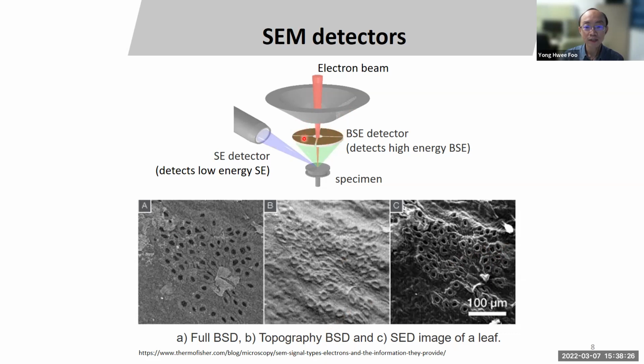The BSE detector has 4 quadrants here. If you turn off 2 of these and detect the electrons with the other 2, what you are selecting is backscattered electrons that come from a certain angle. That gives you some topographical information, but as you can see, it's not as good as the secondary electron detector.